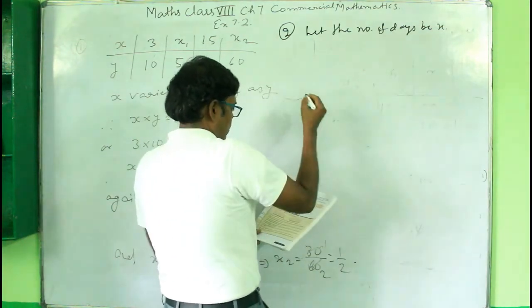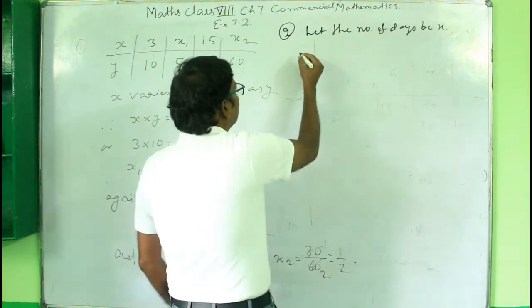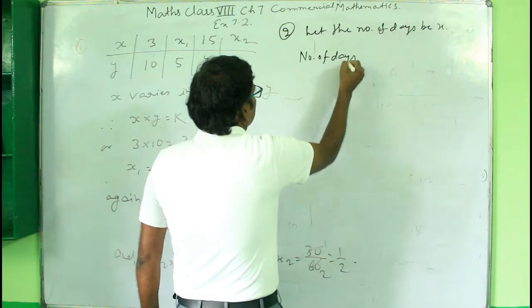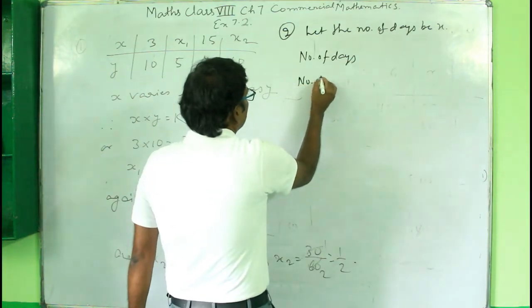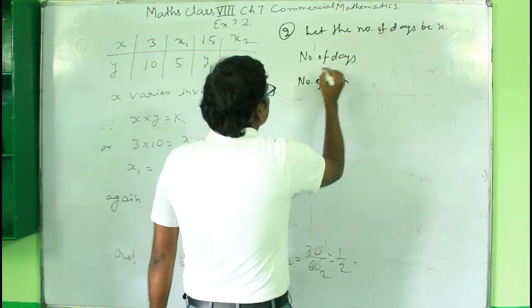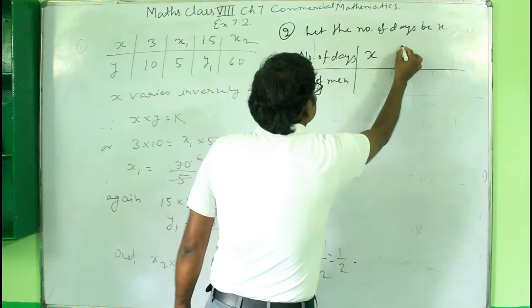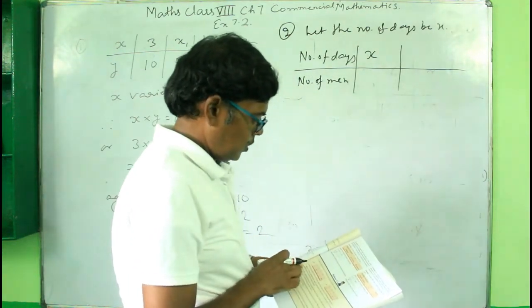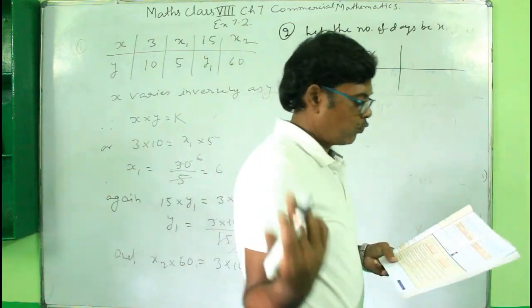So here write that in this question, the number of days, and then the number of men. So suppose this is x, and 56 men can paint a wall in 42 days, then in how many days will 168 men?